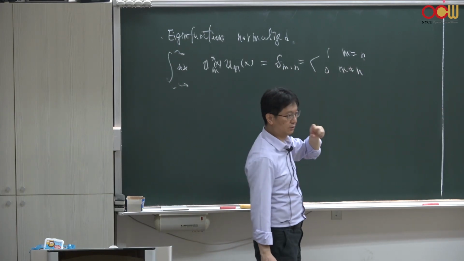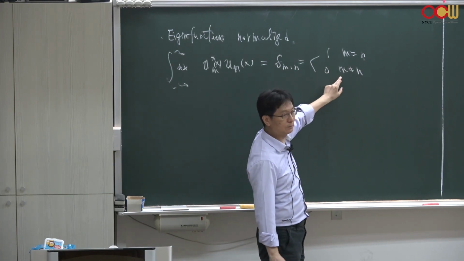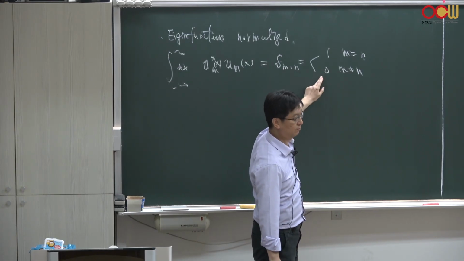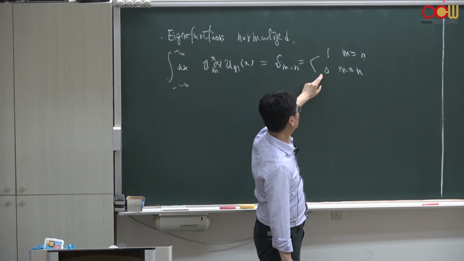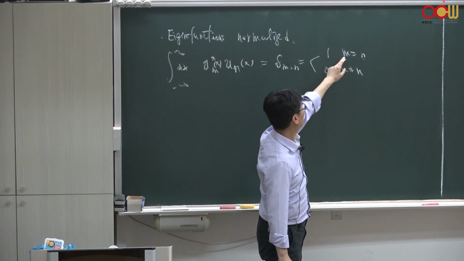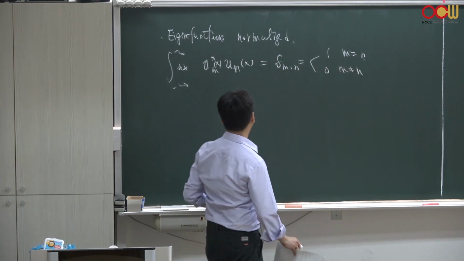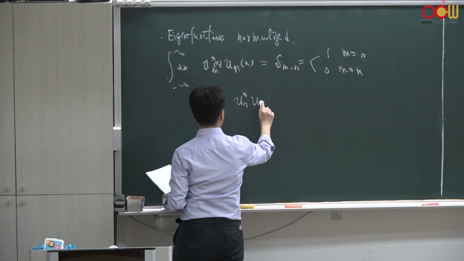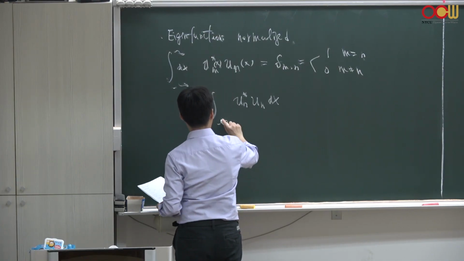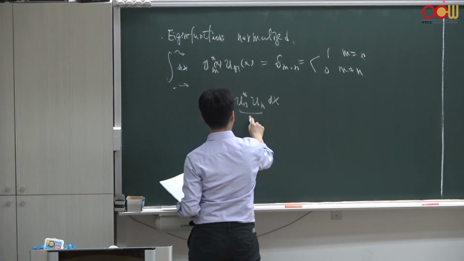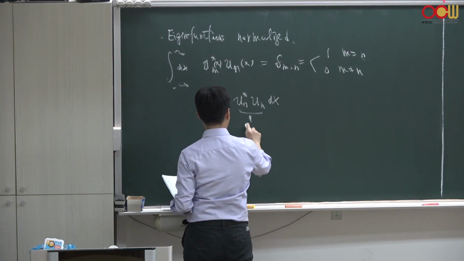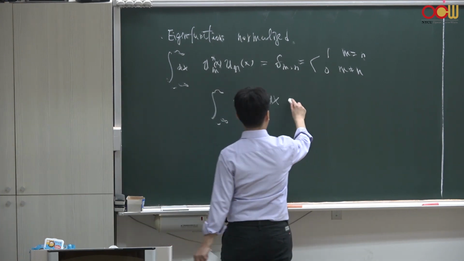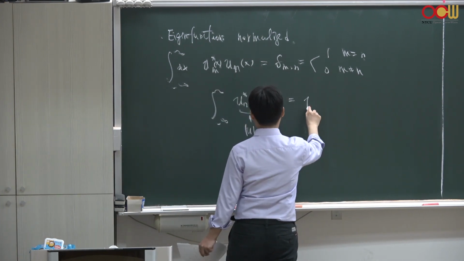If not, this is 0. We just talked about when m is not the same as n, so this is the orthogonal condition. The normalization condition is the other case, when m is the same as n: you take the square, because u star u is the same as the absolute value squared of u, and this is 1.